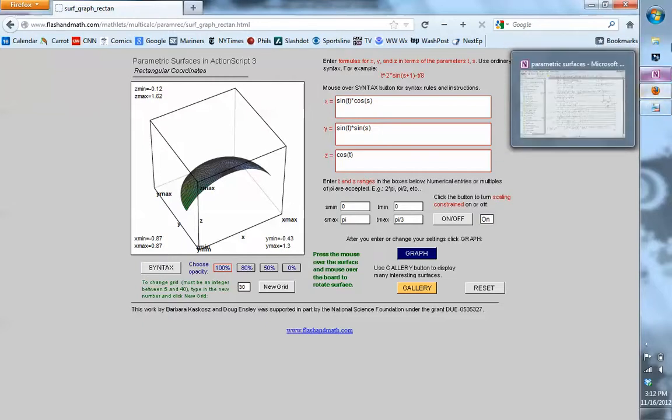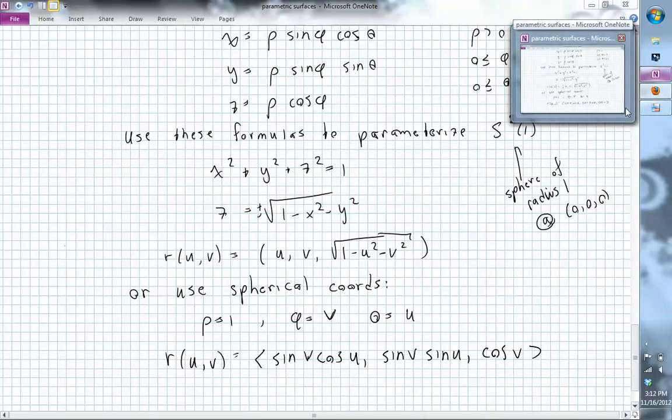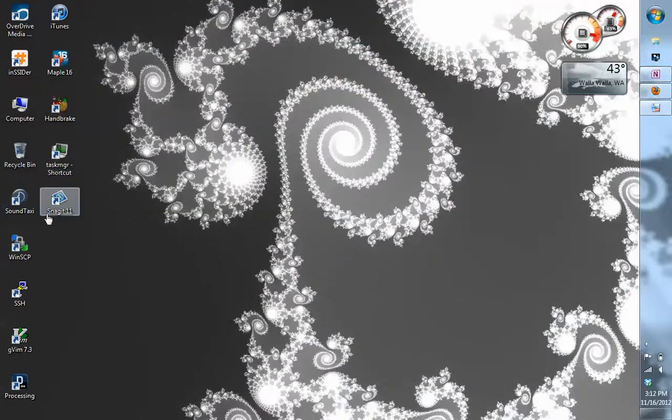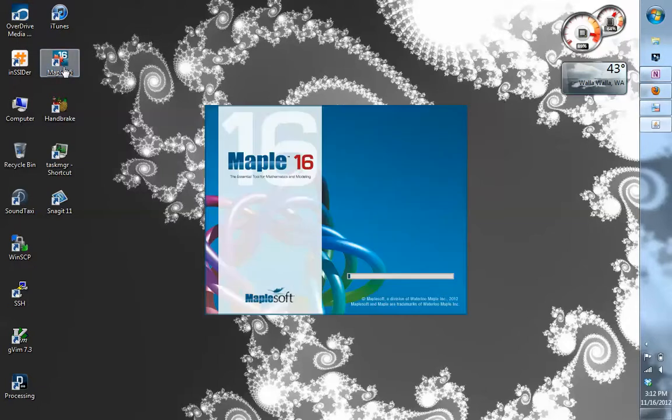Let me pull up the surface and motivate what I'm about to show you. So I'm going to show you something called a torus, which is a donut. I don't know if I've showed you that before in here or not, but it's yet another surface that is very easily parameterized.